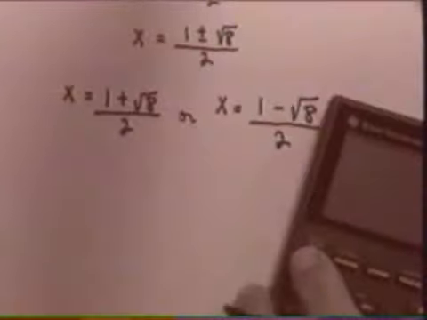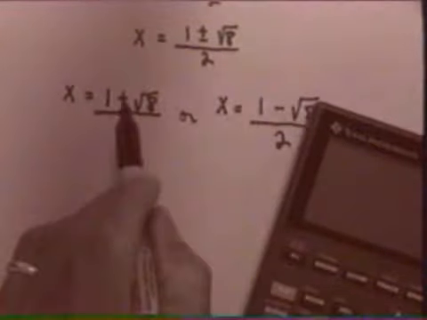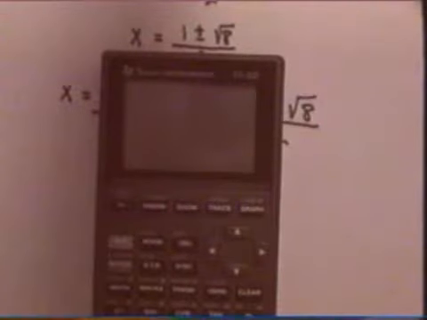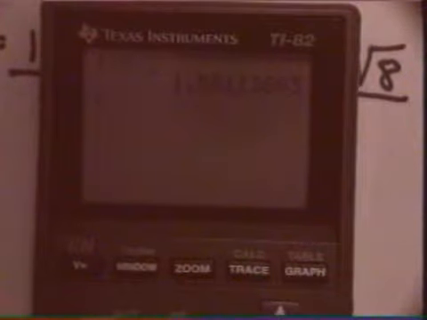Now let me show you how to put those answers in the calculator. We're going to do, first of all, 1 plus the square root of 8 divided by 2. Now to do that, you're going to have to use your parentheses. So let me clear the last answer.